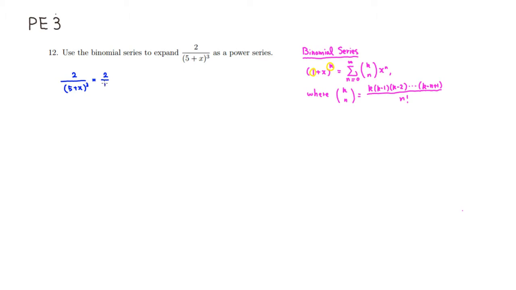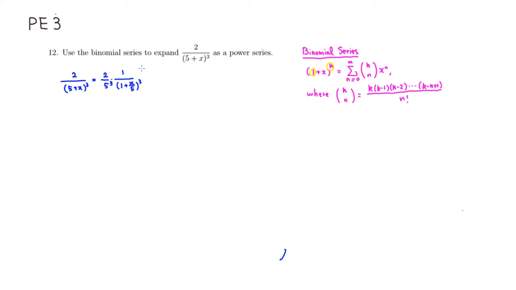But it's cubed, so 5 cubed is pulled out. Then what's left is 1 over... 5 is pulled out from 5, it's 1, and 5 is pulled out from x, so it's going to be x over 5, cubed.